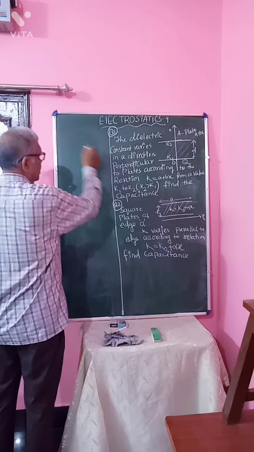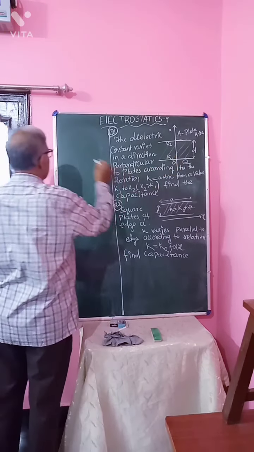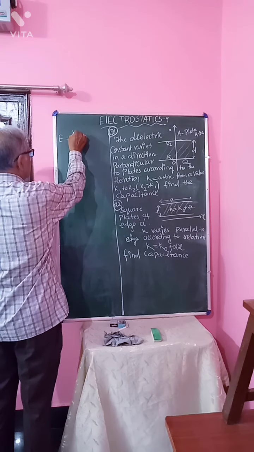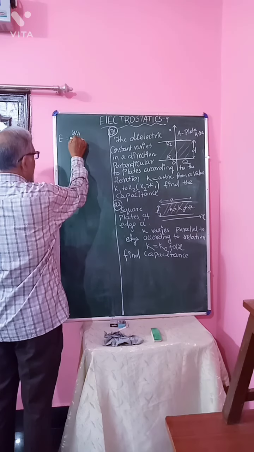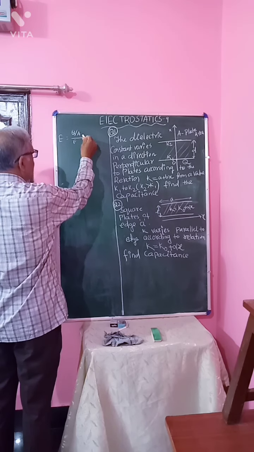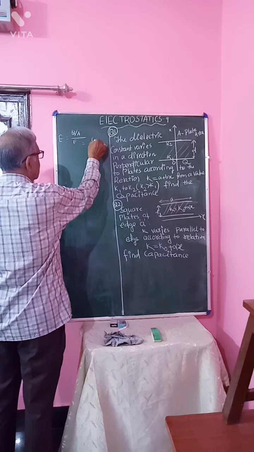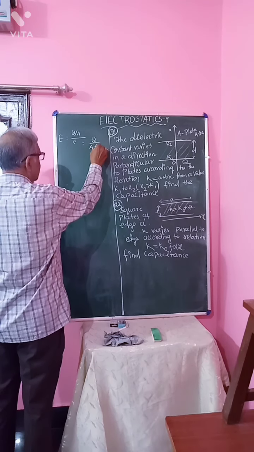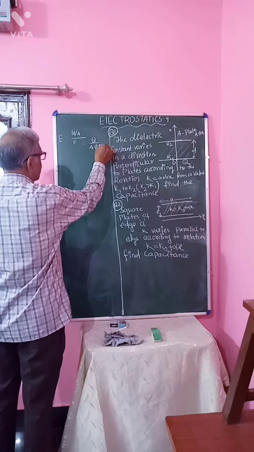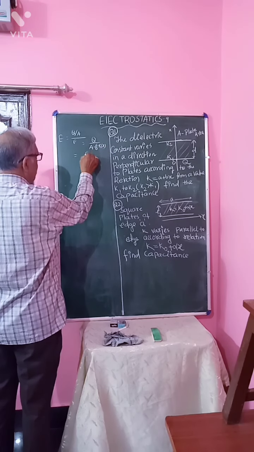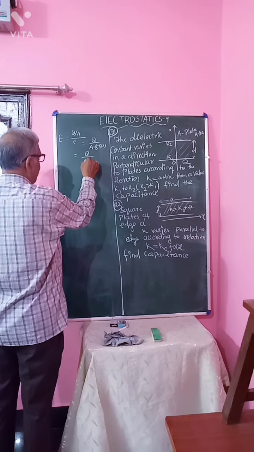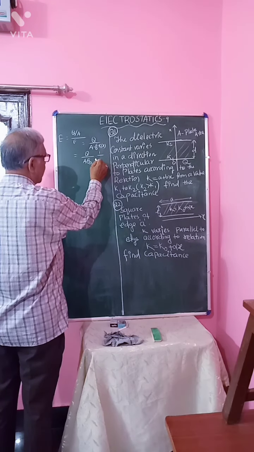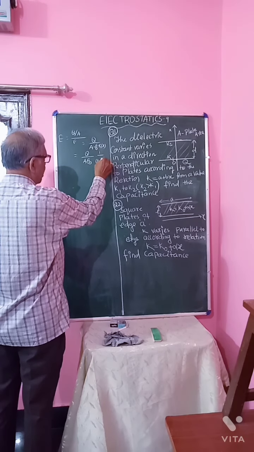Now the intensity at any point near the plate, E equal to charge Q by A, permittivity of the medium epsilon, that is equal to Q upon A epsilon 0 K as a function of X, that is Q by A epsilon 0 into 1 by A plus BX.